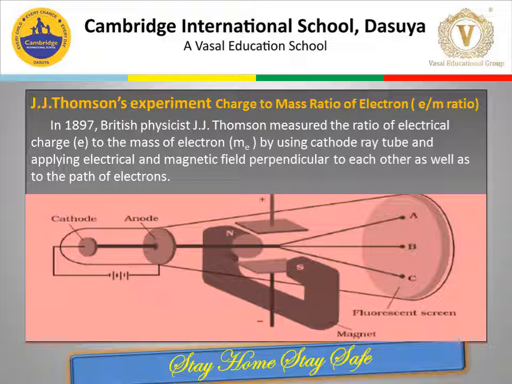In the presence of an electrical field which is perpendicular to the direction of the cathode ray, it will be attracted toward point A. The deflection will be seen in the cathode ray and the beam will start to fall at point A. And in presence of only a magnetic field, the beam will bend toward point C. This will be more clear when we see the individual figures or diagrams.